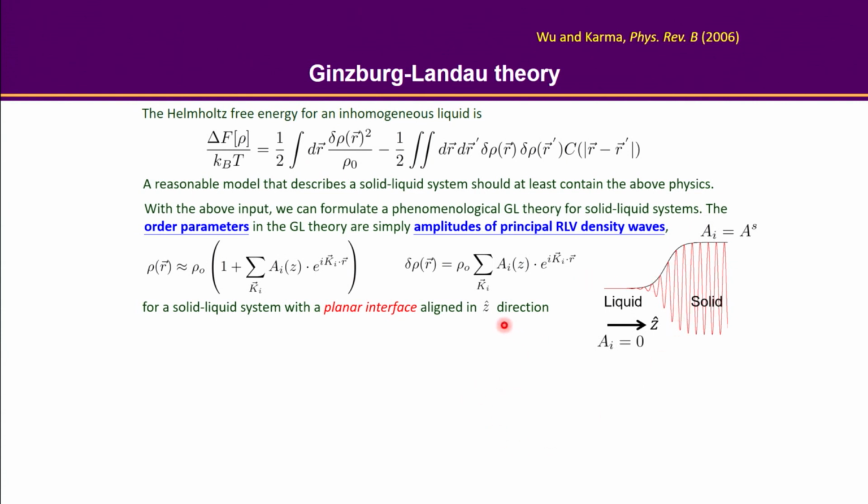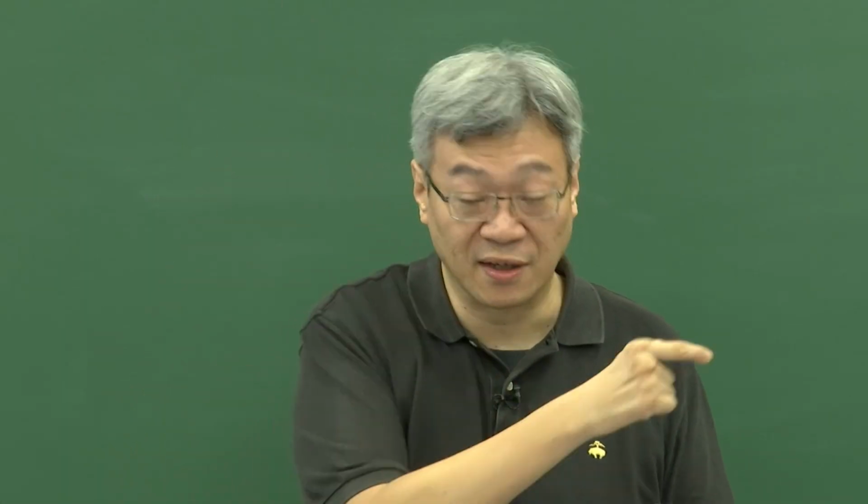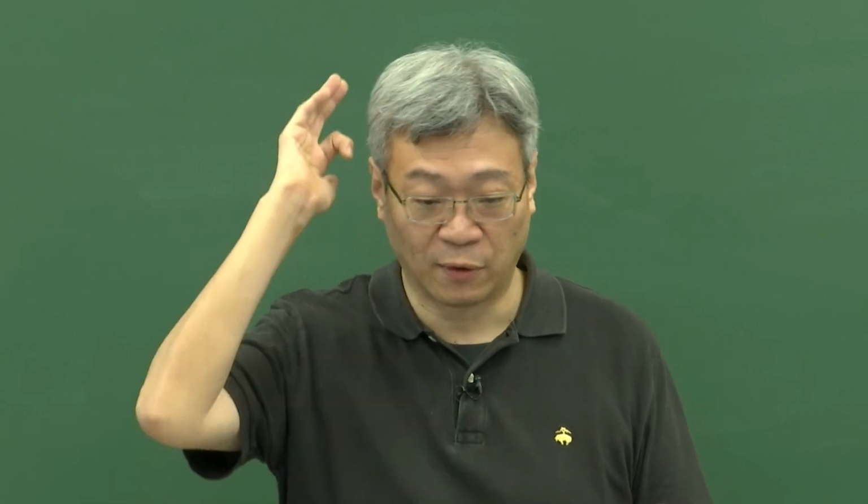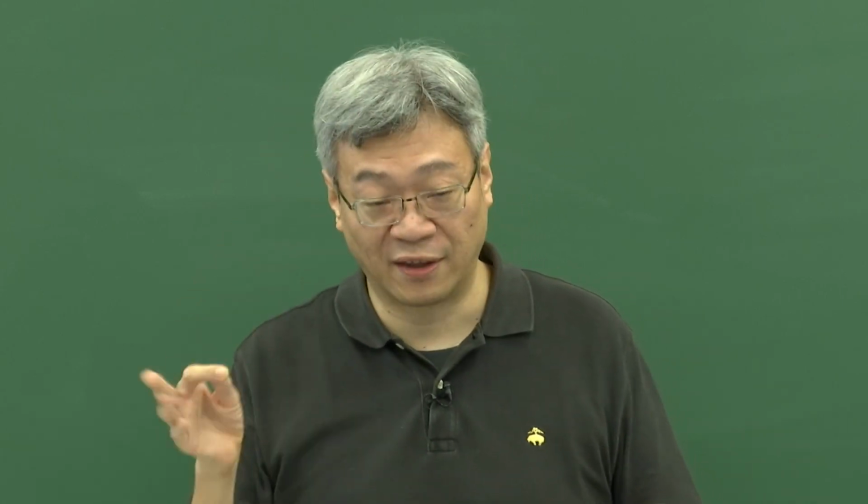So in that case, let's simplify our problem by only looking at the planar interface along the z direction. So what you can have is a BCC-liquid interface, and I'm defining the direction of the interface normal as my z direction. But everything in XY is just a planar structure, so nothing changes with it.